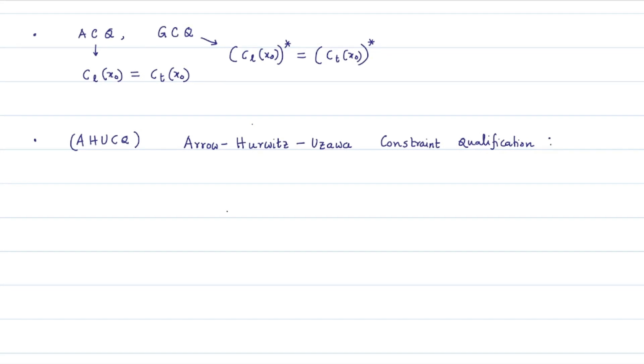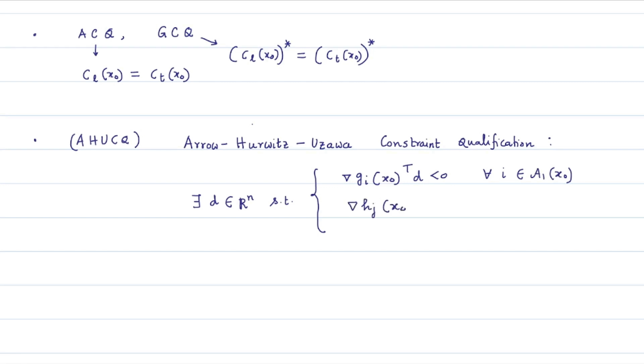The AHUCQ condition is as follows: there exists certain d in R^n such that, for nonlinear inequality constraints, this quantity is less than 0 for all i belonging to A1(x0), and for equality constraints this quantity is equal to 0 for every j equal to 1 till m.